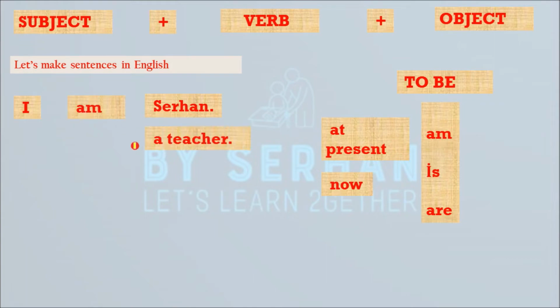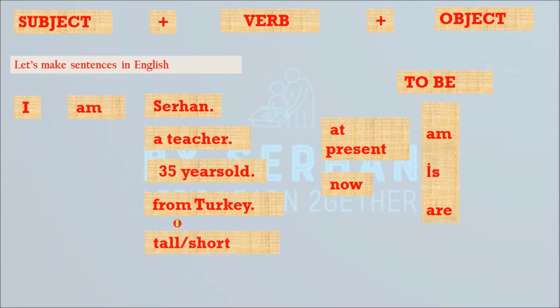Or if I want to tell about my job, I am a teacher. And I want to tell my age now, I am 35 years old. And I can even tell where I am from, and I can talk about my physical appearance. I am tall, I am short.